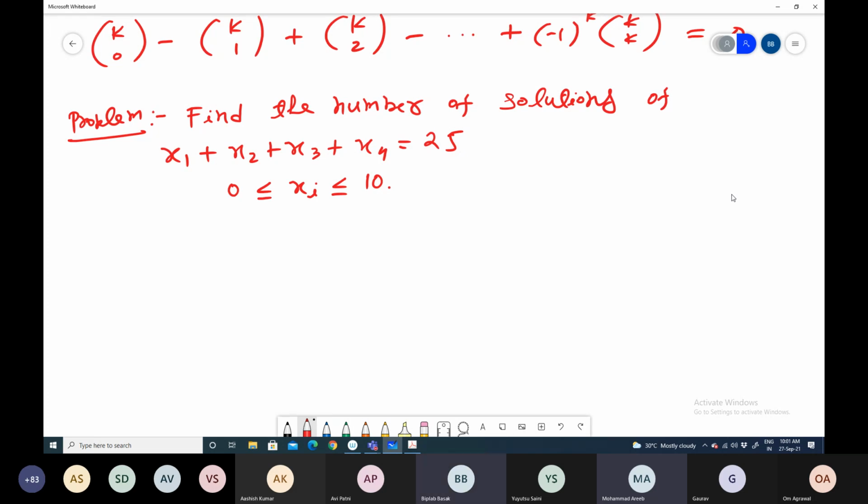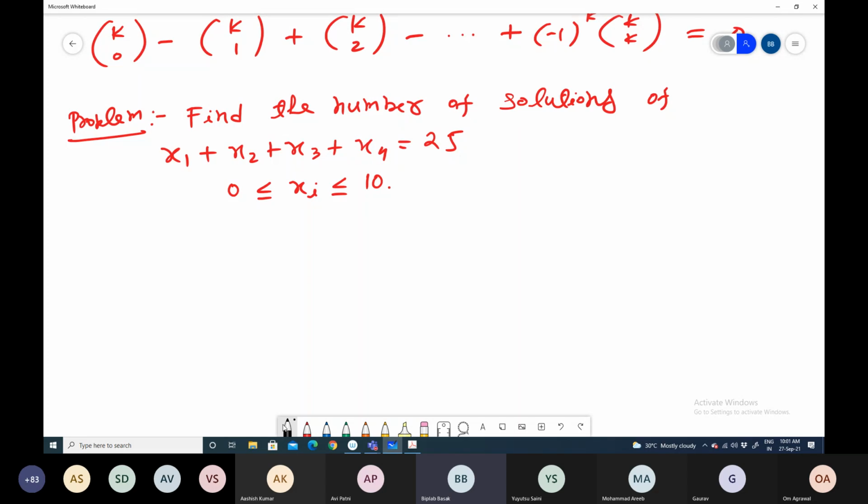Right. Suppose A1 is the set of solutions where x1 is greater than or equal to 11. Then you will use this inclusion exclusion formula, right? Yes, sir. Right, good. By using that inclusion exclusion formula, you can solve this problem trivially.